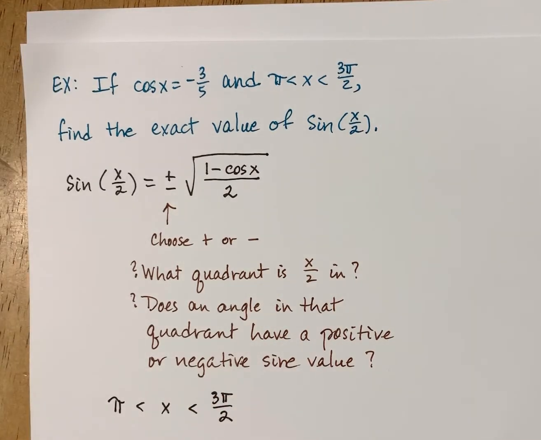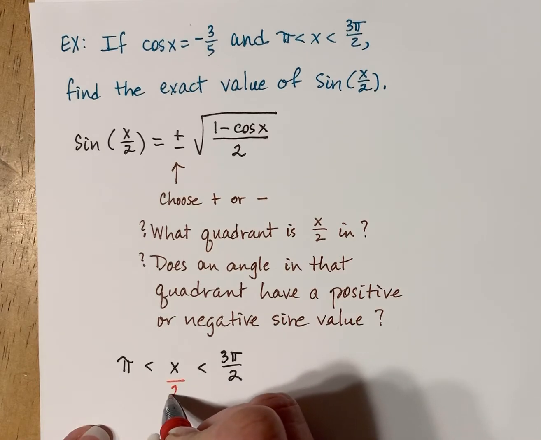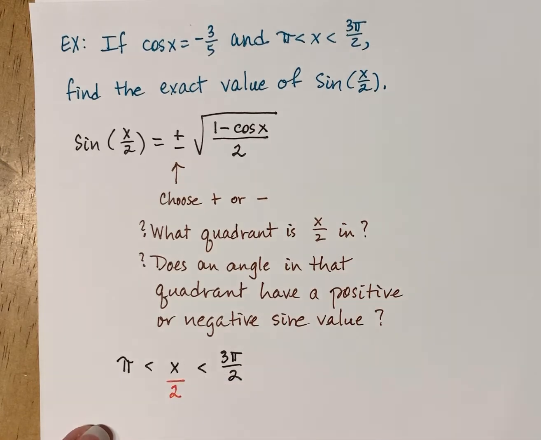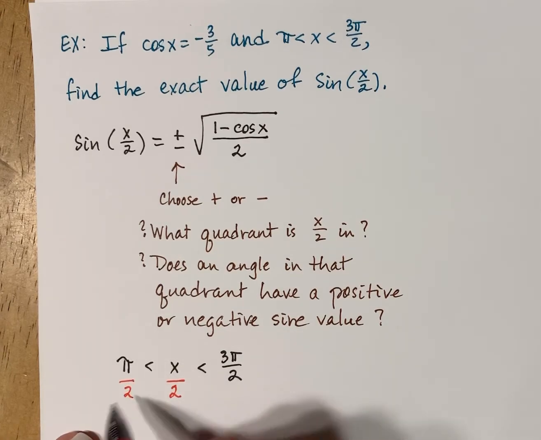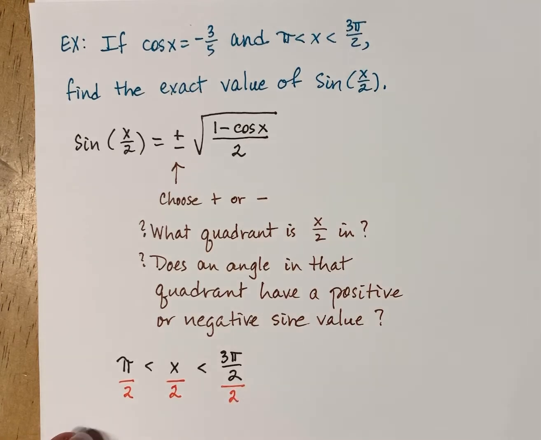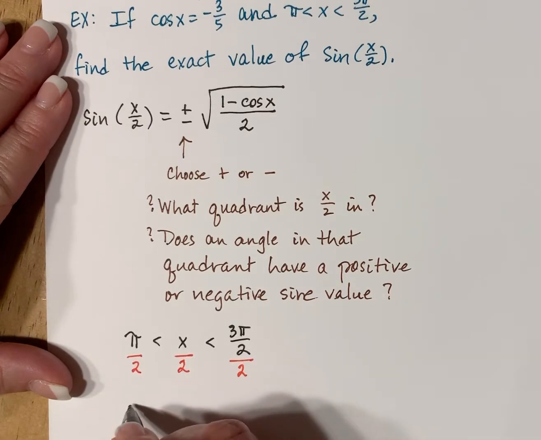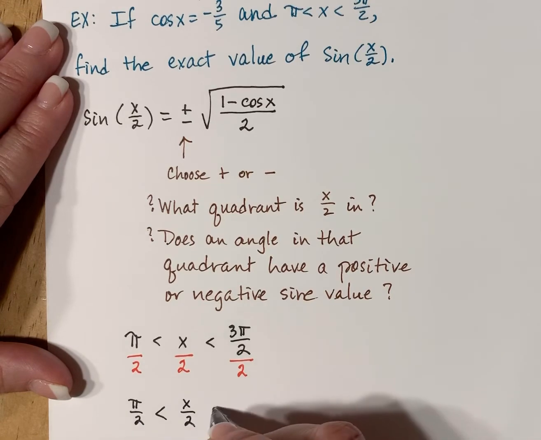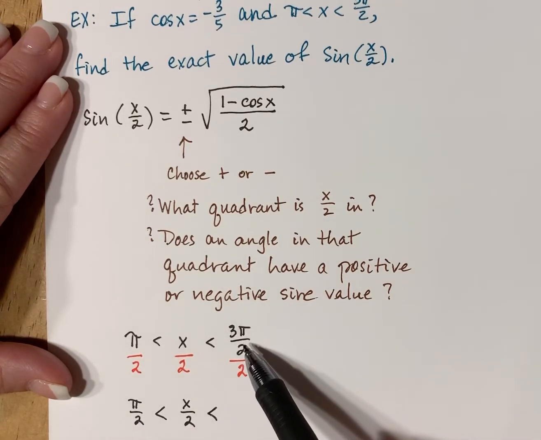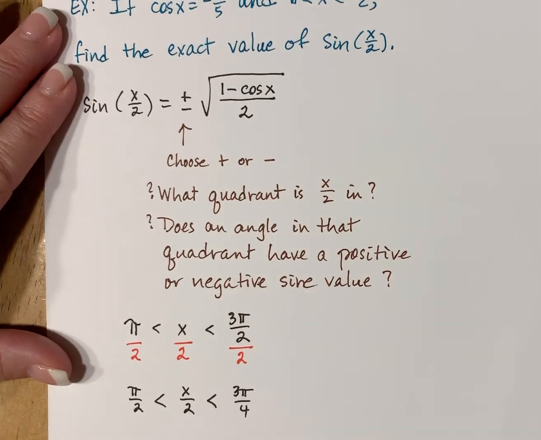We know that to be true, and we're interested in x divided by 2. So to have another true inequality, we divide the left side and the right side by 2, and do a little simplifying. Pi divided by 2 is pi over 2. That's less than x over 2, and that's less than, if you take 3 pi over 2 and divide it by 2, 3 pi over 4.